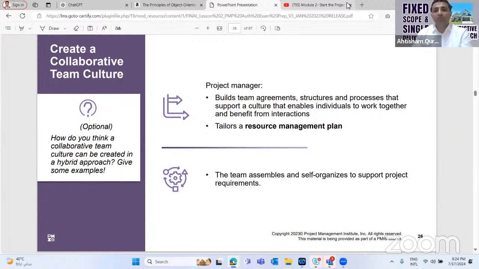Now, when we have variable scope, when we do not have a fixed scope, we cannot commit the resources for the duration of the project. So we will have dynamic allocation of the resources, for example, if we are doing hybrid or agile projects.